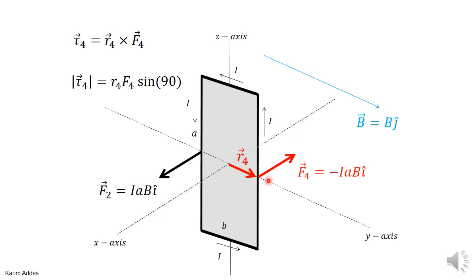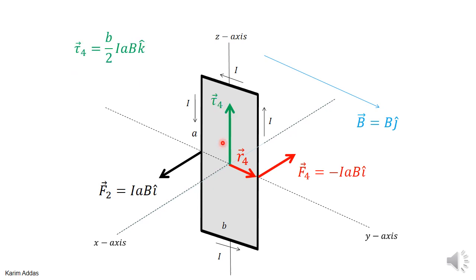The angle between R4 and F4 is 90 degrees, so sine 90 is 1, and it's just R4 F4. Now this distance is again B over 2, so B over 2 IAB. What about the direction? If you get R4 crossed into F4, it'll give you also k hat. That means the direction of the torque is in the k hat direction.